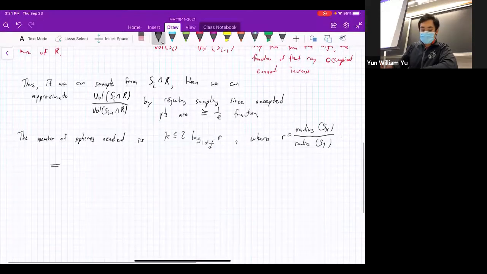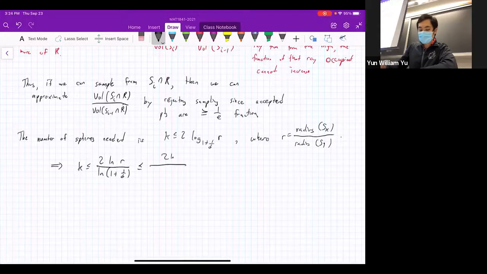Okay, and of course that implies that k is less than or equal to 2 log r over log of (1 plus 1/d), which is less than or equal to 2 log r over 1/2d. And this is by the log of 1 plus x is less than or equal to x and is greater than or equal to half of x, which is going to be equal to 4d log r.